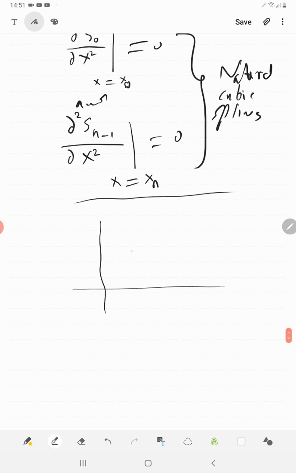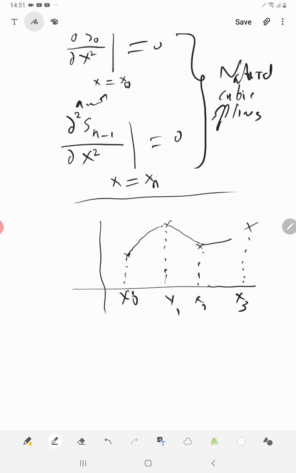If we have, let's say, here one point, here one point, here one point, here one point, here we have the first point. We have 4 points: here x3, here x2, here x1, and here x0. So we have 3 segments. What we want is for the second derivative to be 0, so we want splines.